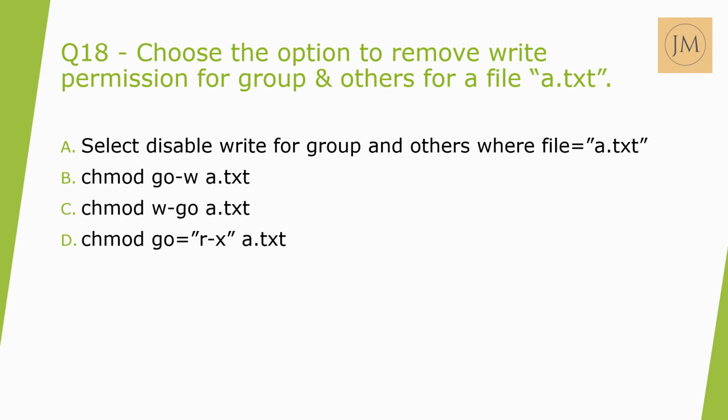Option C, chmod w hyphen go space a.txt, and option D, chmod go equals to double quotes r hyphen x a.txt. So the correct answer over here is B, chmod go-w, that is the right option, and hyphen is to remove, and go represents group and others for a.txt file.